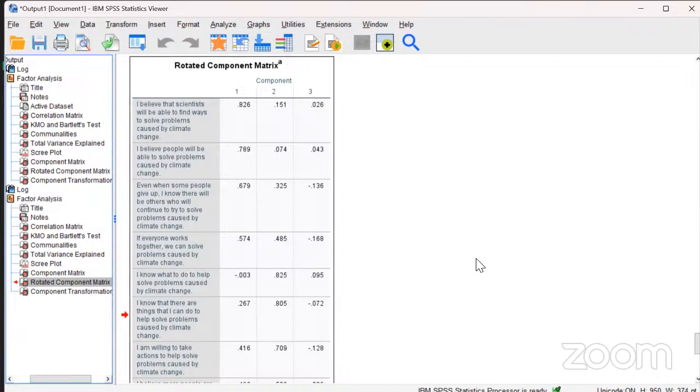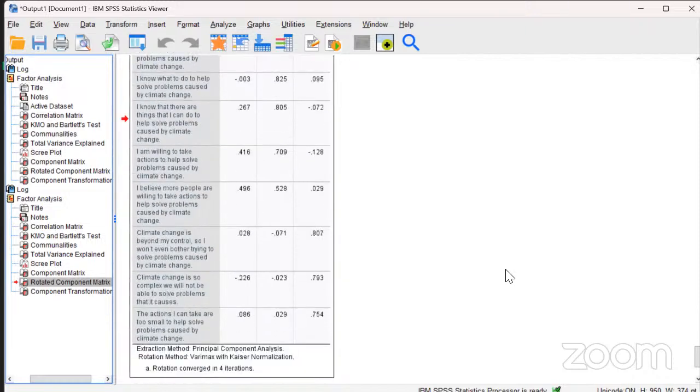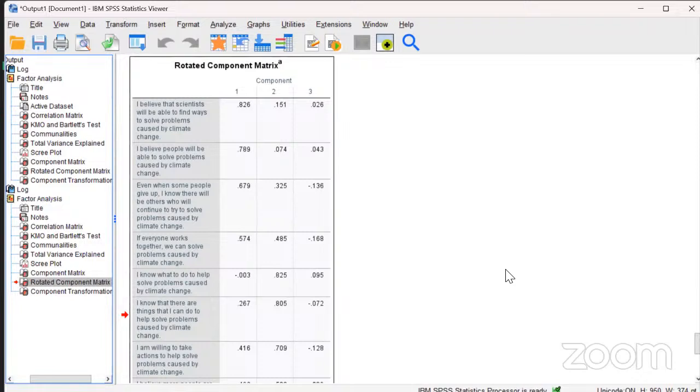Where is your sorted factor matrix? Sir, I'm showing the rotated component matrix only. Okay. So what is the highest loading? The highest for a factor is 0.826, sir.